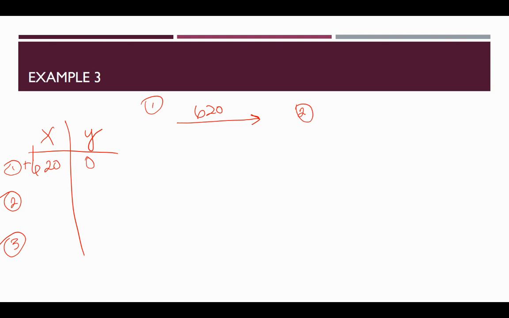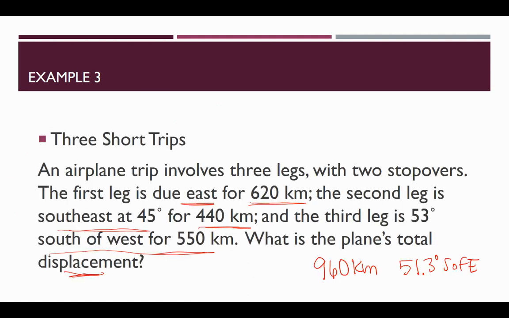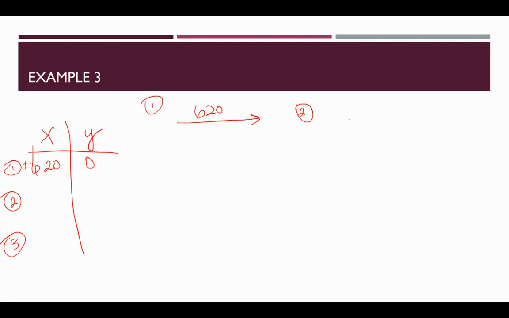For my second vector, again, just drawing them separately, I have the second leg being 440 kilometers southeast at 45 degrees. So southeast 45 degrees means my leg looks like this. This is 45 degrees, but this is broken apart into a horizontal component and a vertical component.